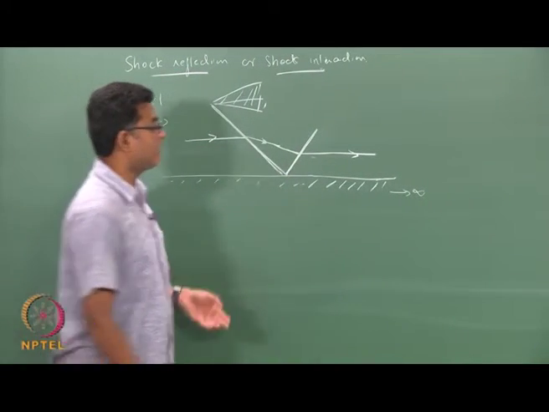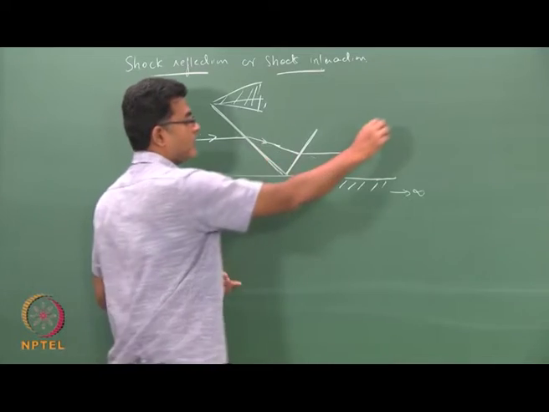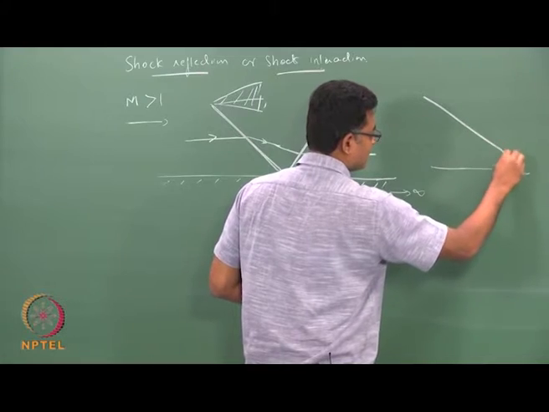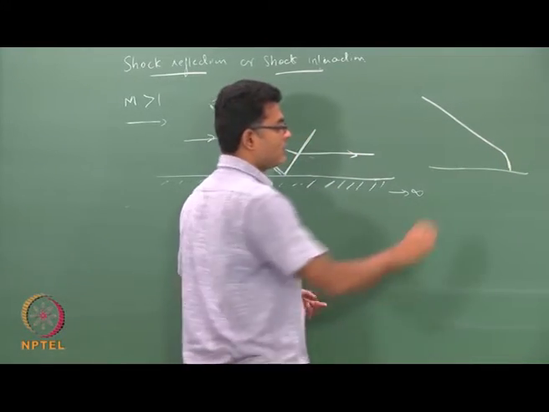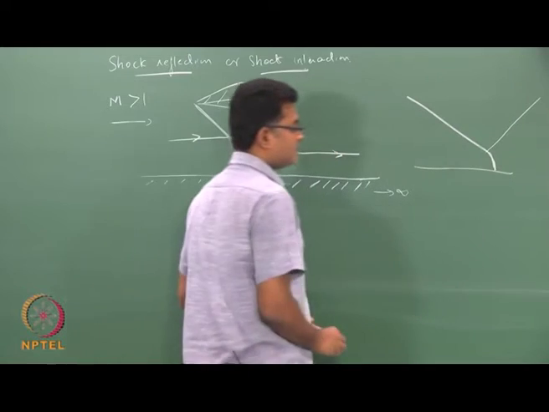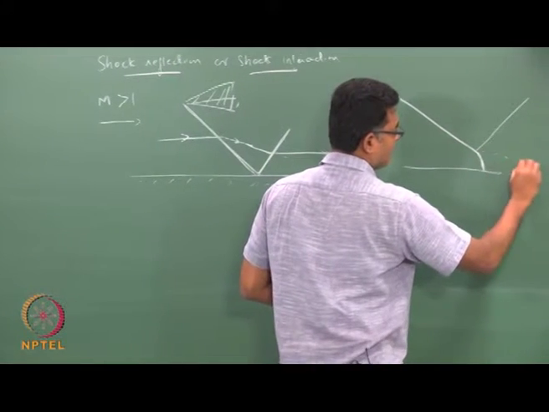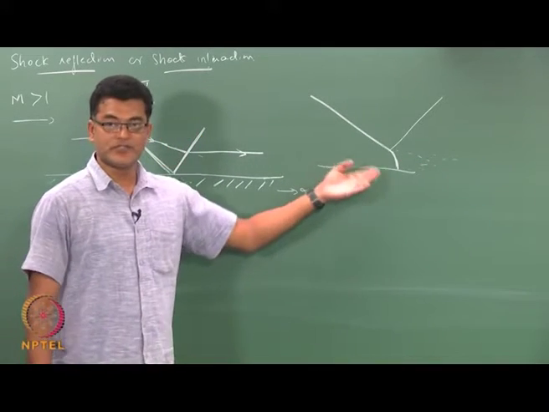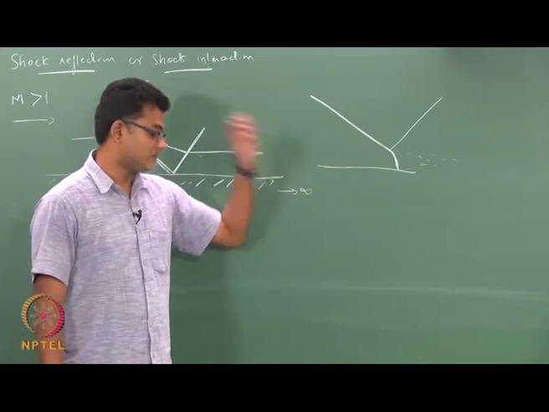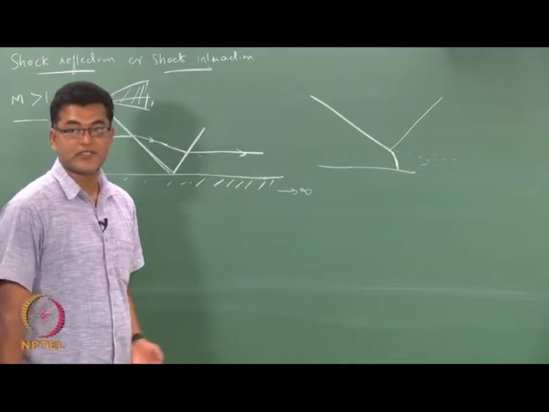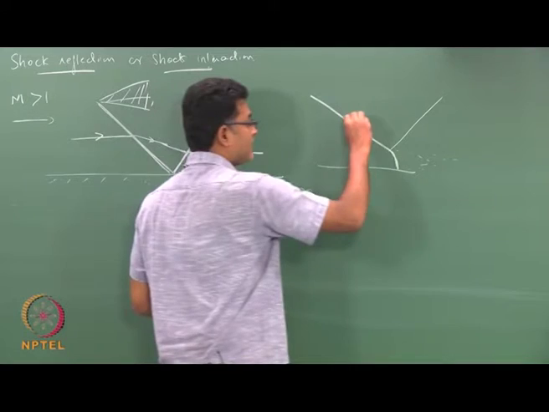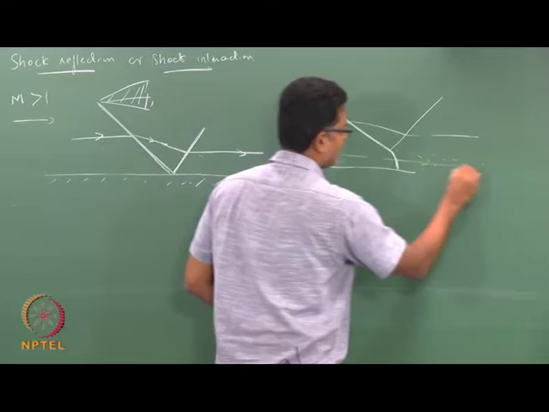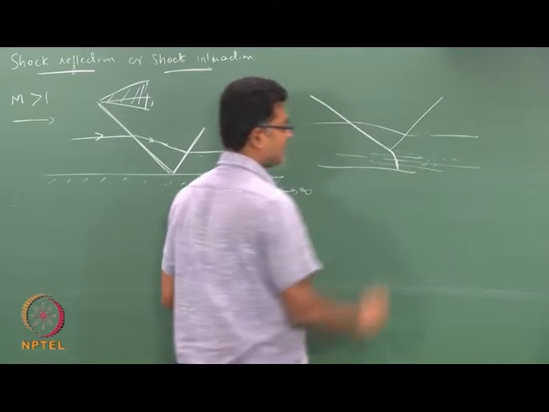In reality there may be a region where you can have a shock that goes like this within the boundary layer, and it can reflect like this. So, there will be a region here which can have separations, which are typically due to the shock, typically called shock induced separations. So, you can have an oblique shock that is going to take you this way, or you can have streamlines going this way within the boundary layer.